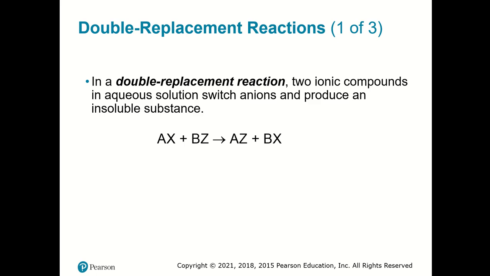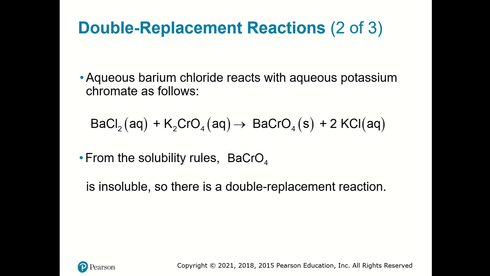And double replacement reaction, 2 ionic compounds in aqueous solution switch anions and produce insoluble substances. Like here, you see here and the chromate, they change place. Now I have barium chromate and potassium chloride.